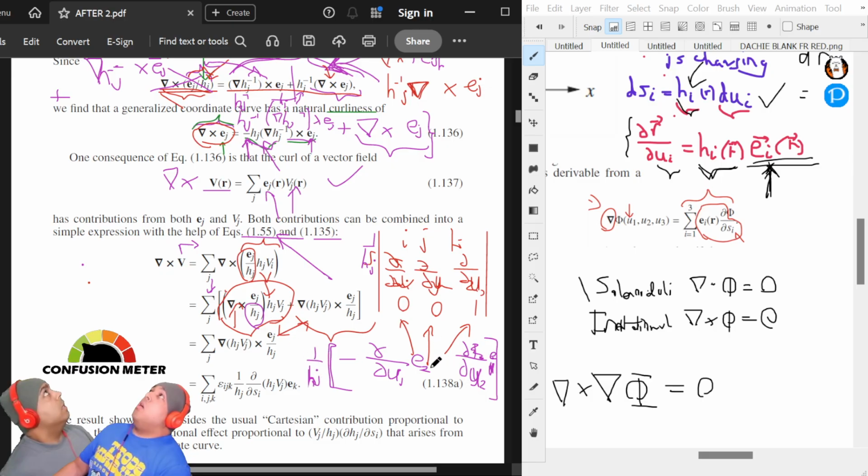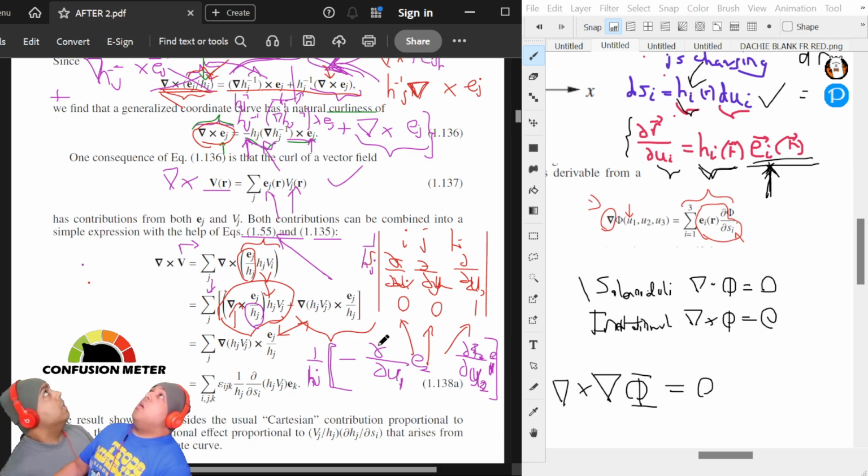Very weird stuff. Del U1, yeah. Del U2. Wait, I think so. We want this to be 0, so these two will be equal.